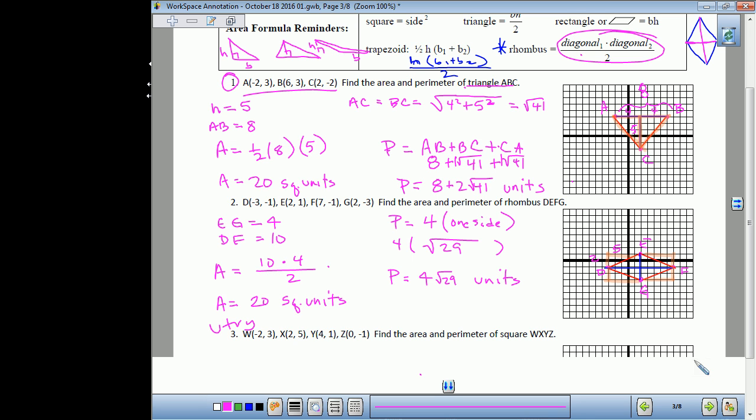Both sides are 20, so the square root of 20 side times side is 20. Okay.